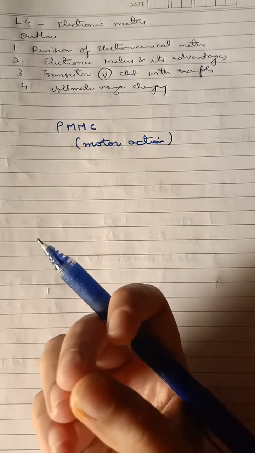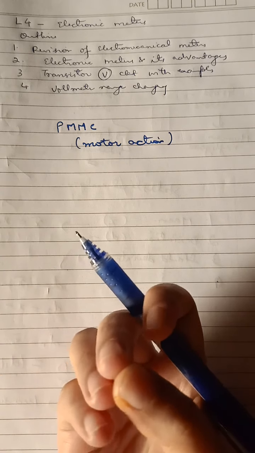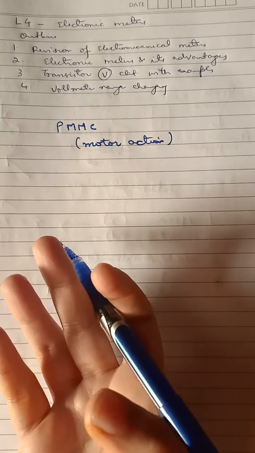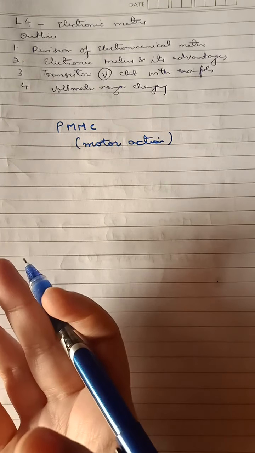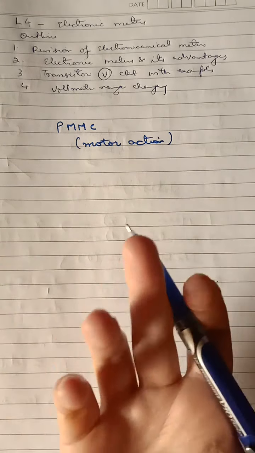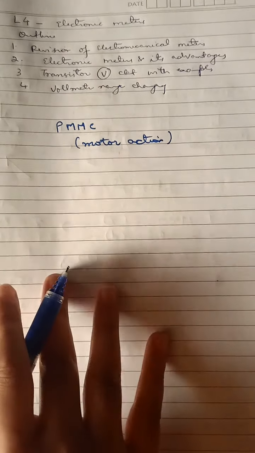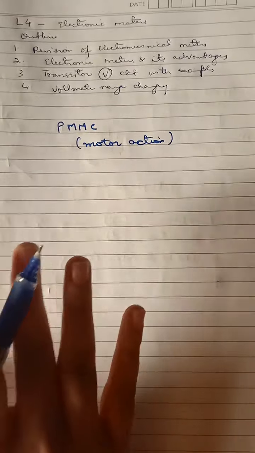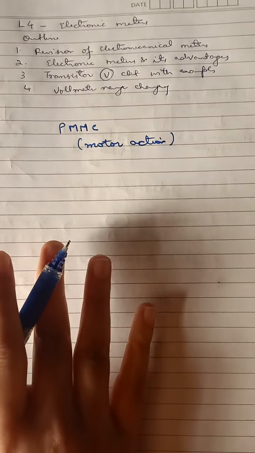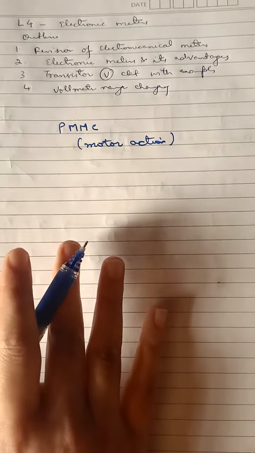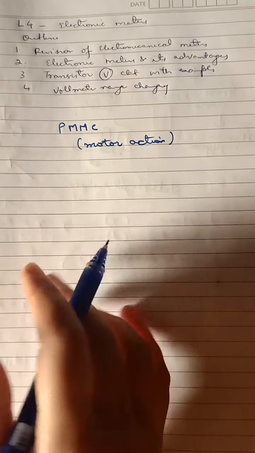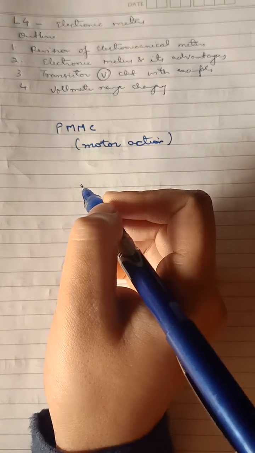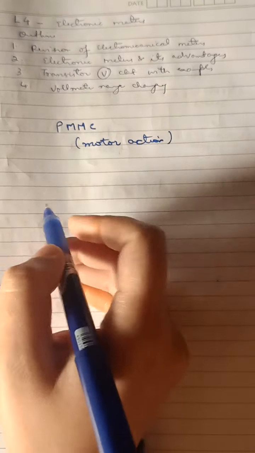So we can have different types, like electrostatic effects used to measure power in watt meters, and the induction effect used in energy meters, and so on. The basic thing is that these are all electrical meters. But now this chapter has to discuss the electronic meters. So basically electronic meters are a modified version of electrical meters.